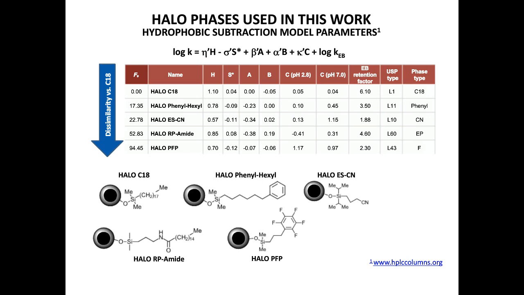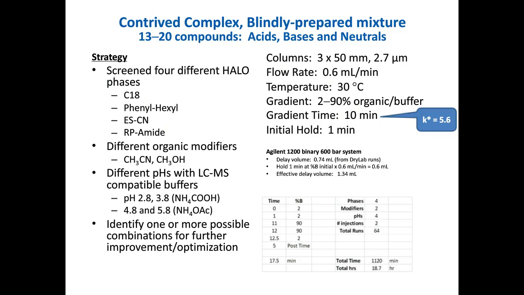So this first example uses the 4 different phases I show here: C18, phenylhexyl, ES-cyano, and RP-amide, 2 different organic modifiers, 4 different pHs, 2.8 and 3.8 with ammonium formate, and 4.8 and 5.8 with ammonium acetate. And the goal is to try to find 1 or more combinations that could be optimized for a good separation of this mixture.